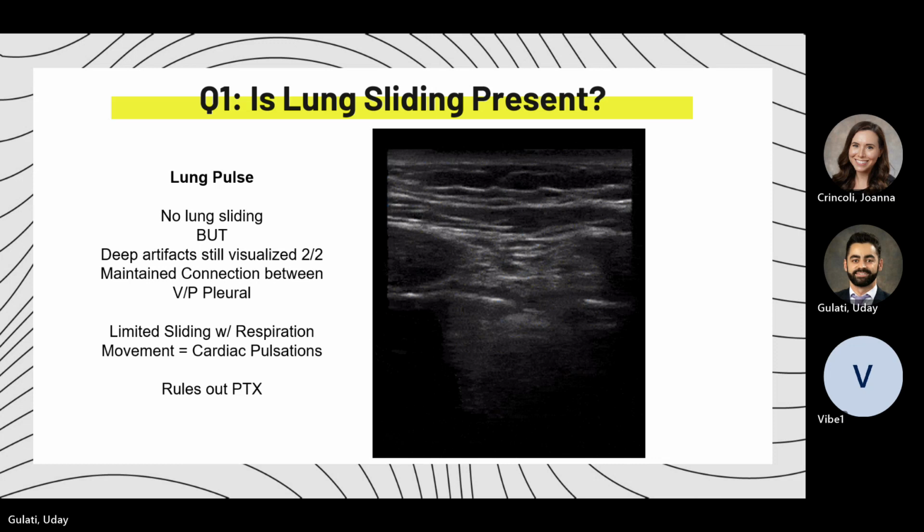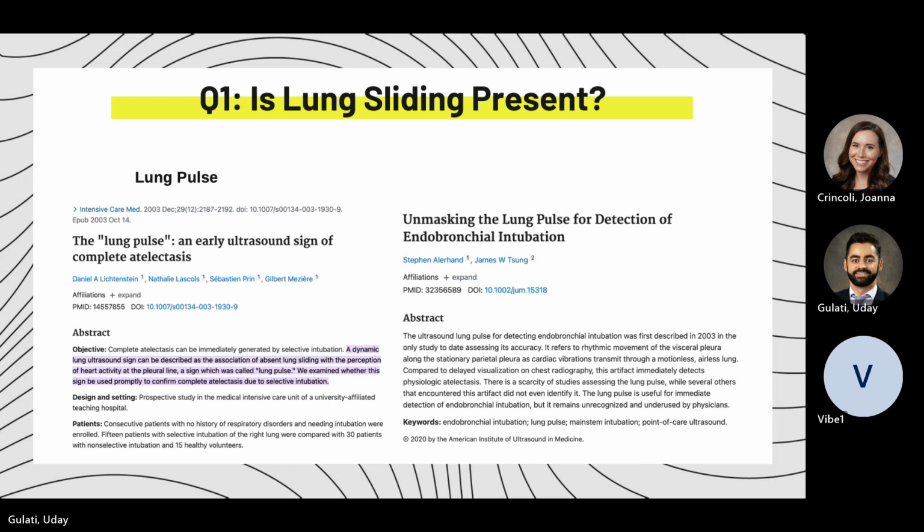So what you're seeing is basically reflections of cardiac pulsations of the heartbeat. If you're able to see that under a region where you have lack of lung sliding, that means there is definitely no pneumothorax, because you should not see cardiac pulsations. And it can actually be very specific for a particular diagnosis, which is atelectasis.